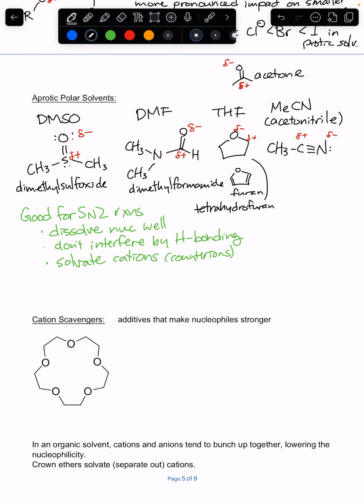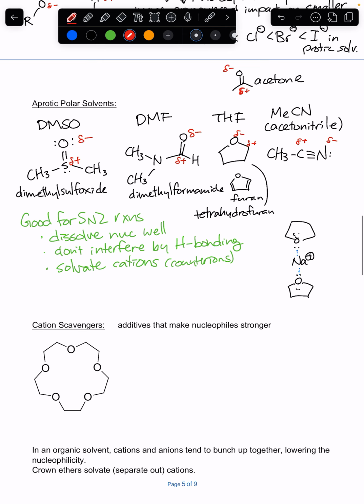And what we mean by that is, because these guys are electron rich and even partially positively charged, they can interact with the cation, which is usually the counterion to the anionic nucleophiles, and segregate those away.